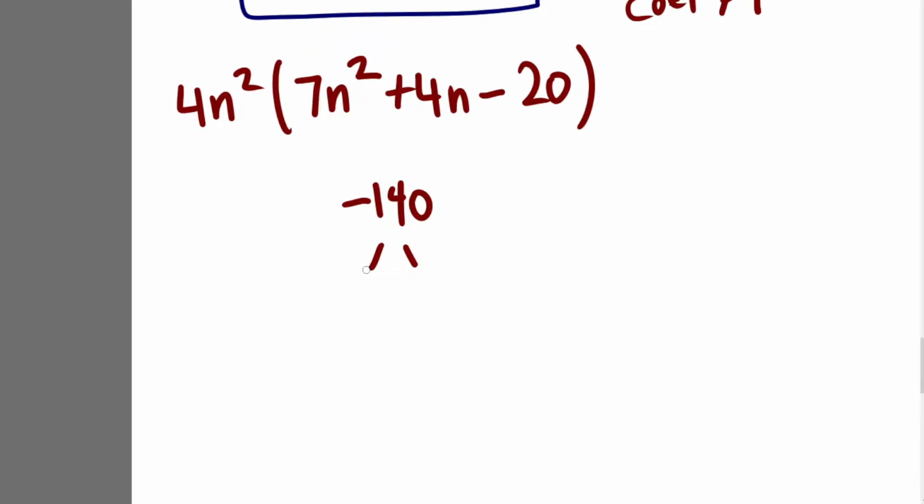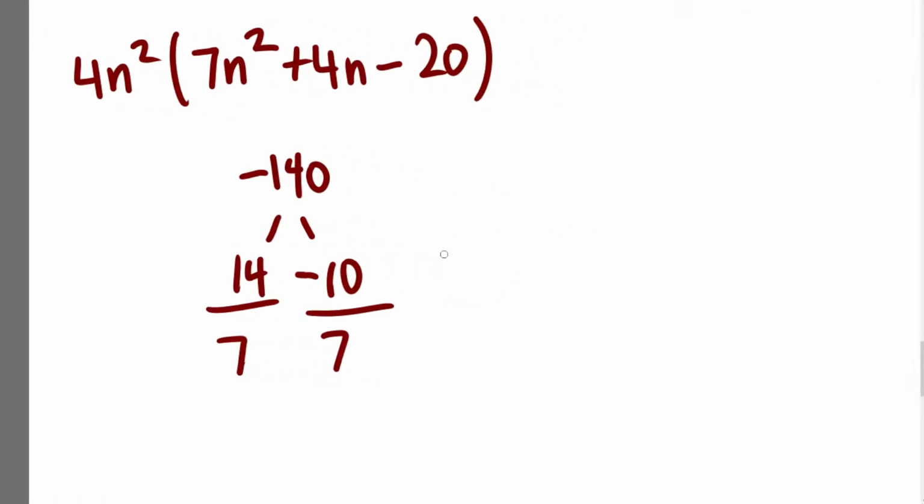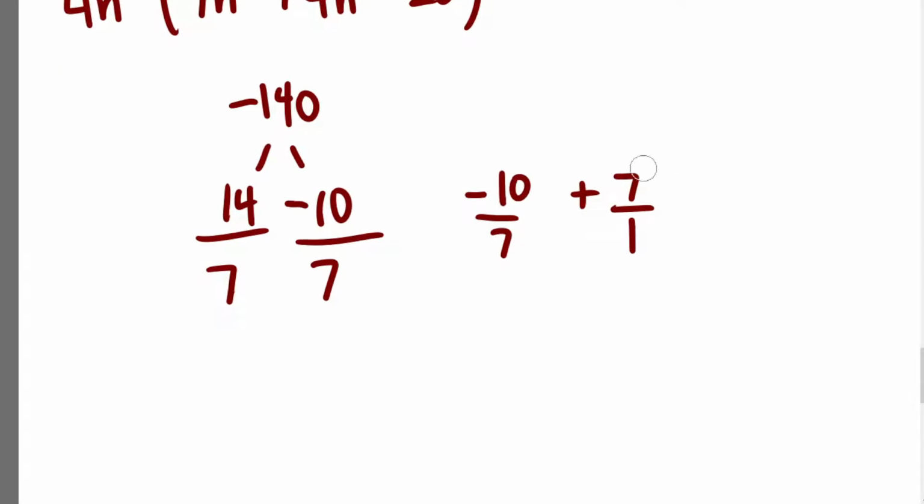So 140, let's see, there's 14 and 10, and it already looks like that's going to be our answer. We want a positive 4, so we'll make the 10 negative, and we'll divide both of these by our a term, and reduce when we can. So negative 10 over 7 plus 2 over 1, my bad.